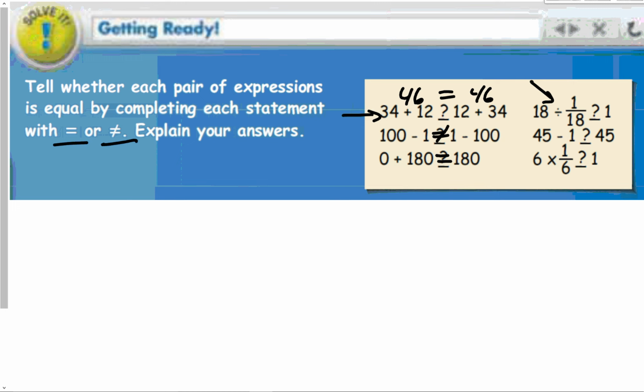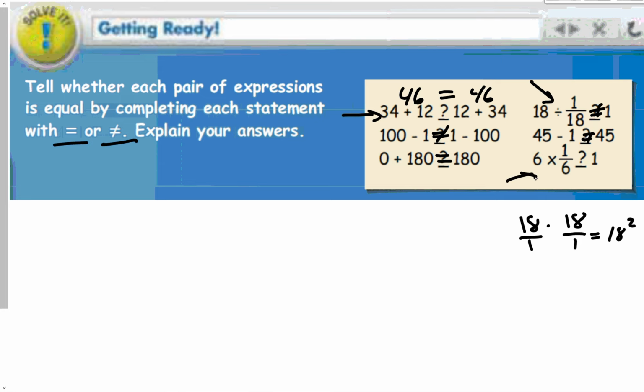So if I wanted to divide something by a fraction, I would multiply it by its reciprocal. So we have 18 over 1 times 18 over 1, which is going to be 18 squared, not 1. 45 minus 1 is 44, not 45.